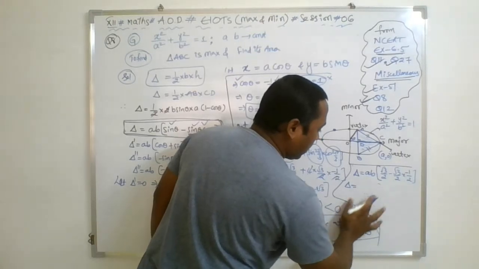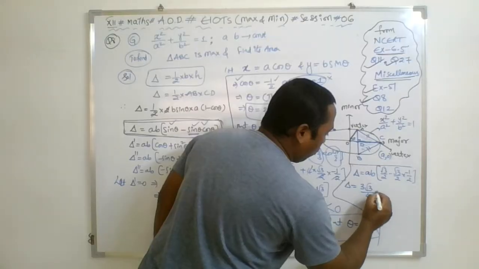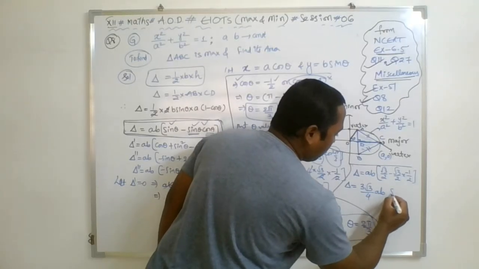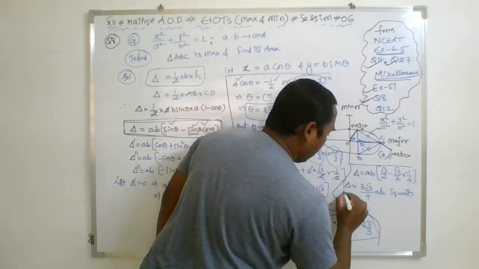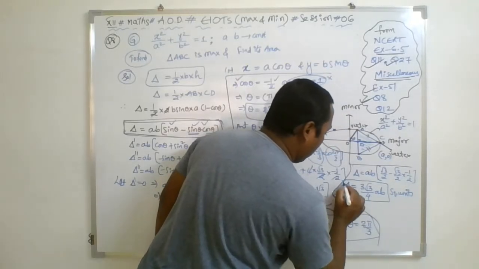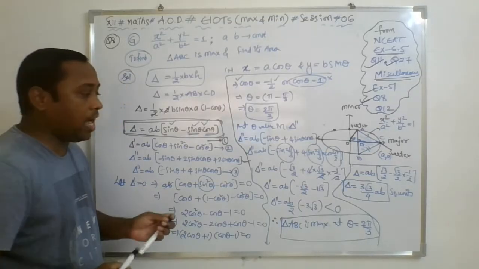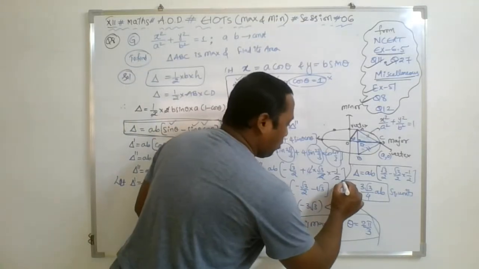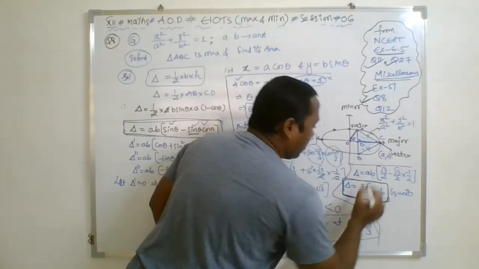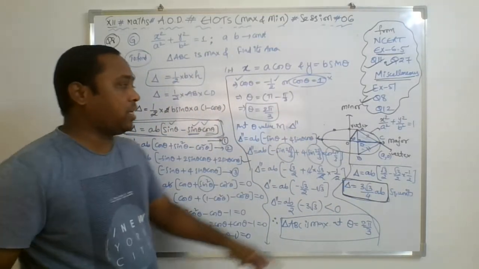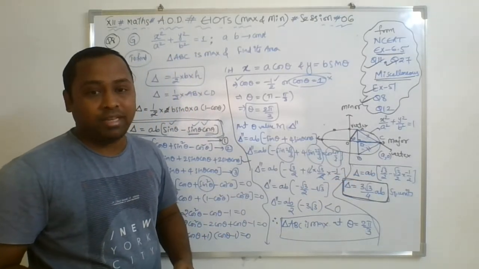So the final answer is 3 root 3 by 4 AB square units. So this is the required area of the isosceles triangle which is inscribed in an ellipse such that one of the vertices coincides with the vertex of the major axis.